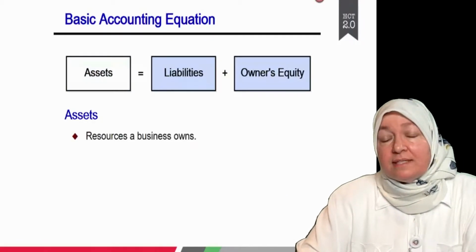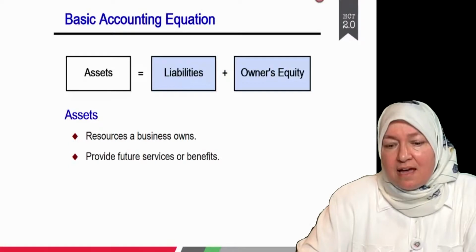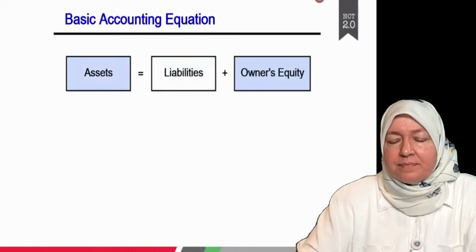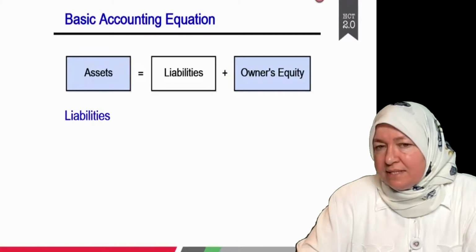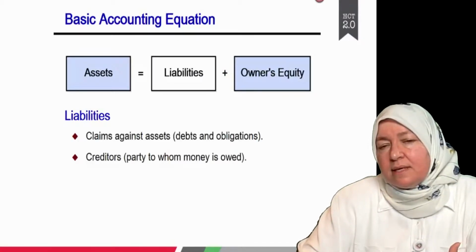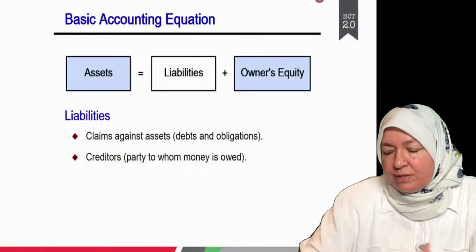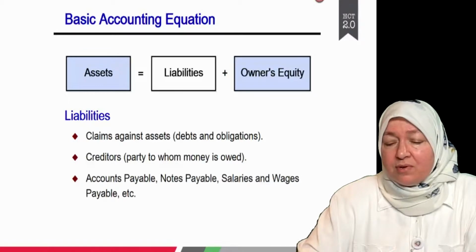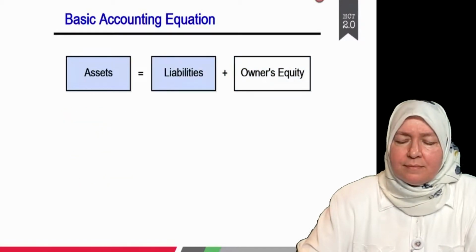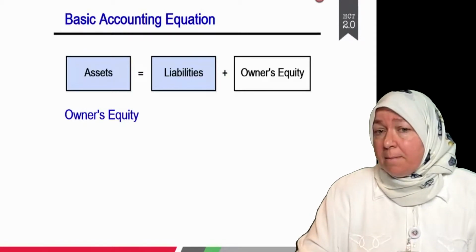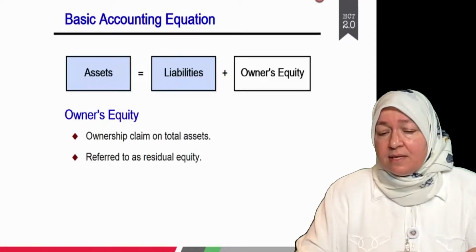The definition of assets is resources owned by the business that have future benefits. Examples: cash, supplies, and equipment. Liabilities, as we said before, are claims against assets by others other than the owner. Examples: accounts payable, notes payable, and salaries and wages payable. Owner's equity is also a claim against assets, but by the owners themselves.